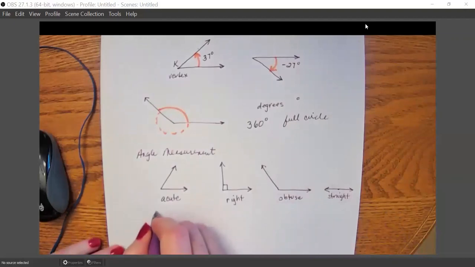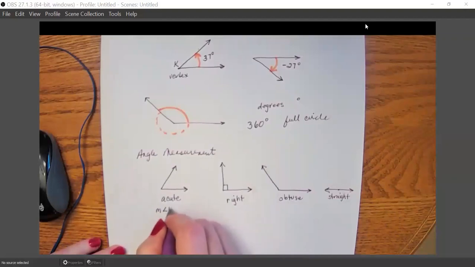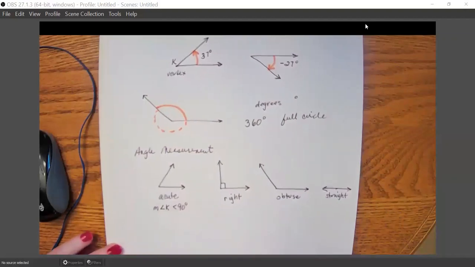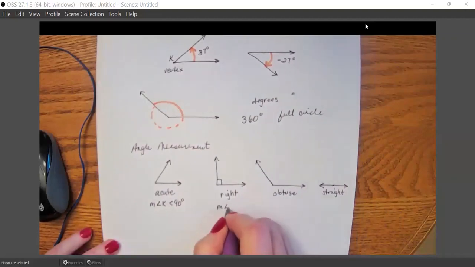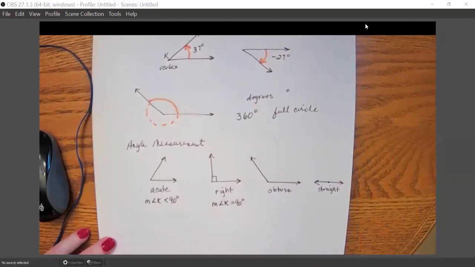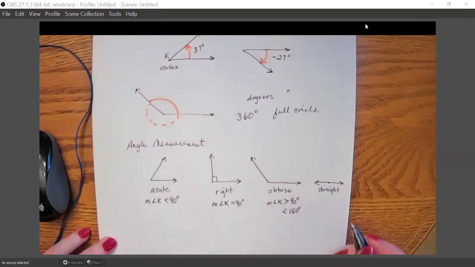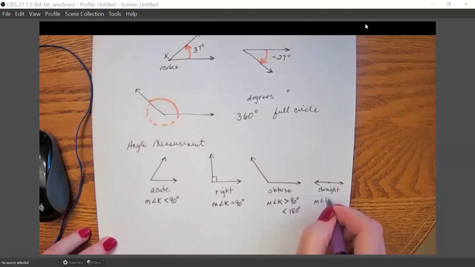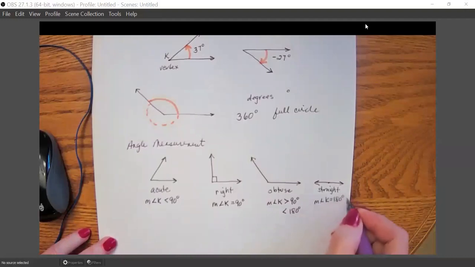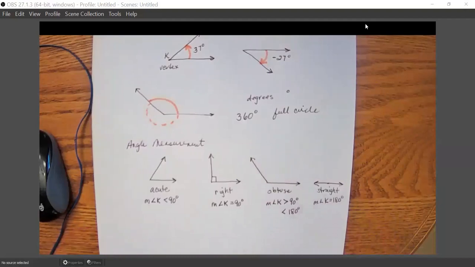So for an acute angle, the measure of angle K would be less than 90 degrees. The measure of angle K would equal 90 degrees for a right angle. The measure of angle K might be greater than 90 degrees but less than 180 degrees. Here the measure of the angle equals 180 degrees.